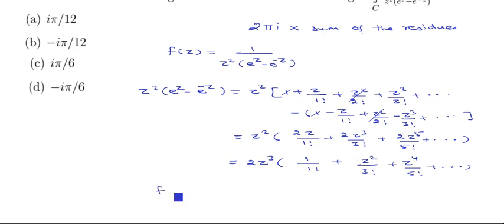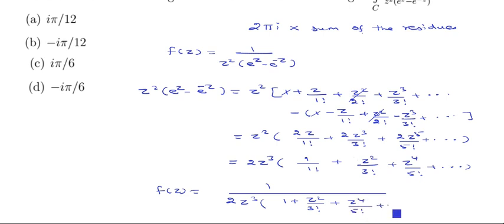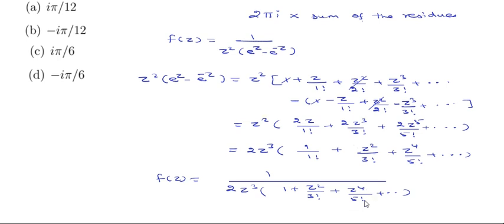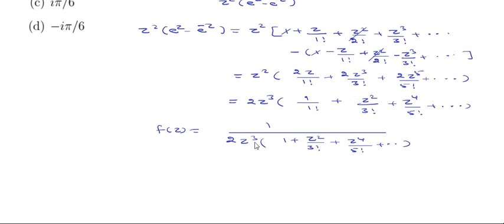So our f of z is 1 divided by 2z cube times 1 plus z square by 3 factorial plus z power 4 by 5 factorial plus etc. From this we can see that z equal to 0 is a pole of order 3.